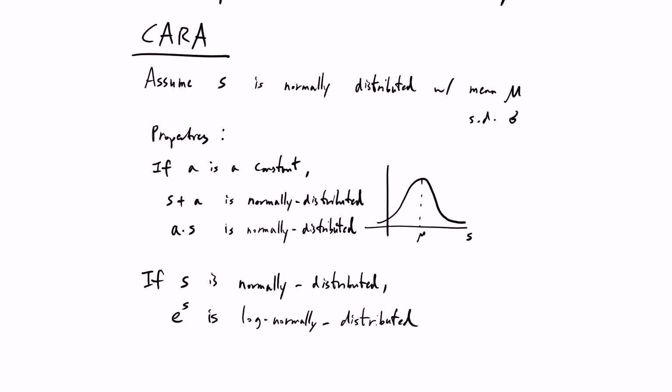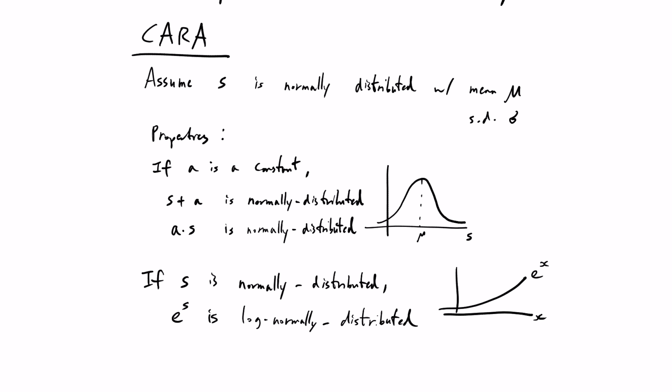So how does the log normal distribution look? It looks like a skewed normal distribution because you are taking the exponential. The exponential function looks like this, e to the power x. Basically, it scales up as the number gets bigger.